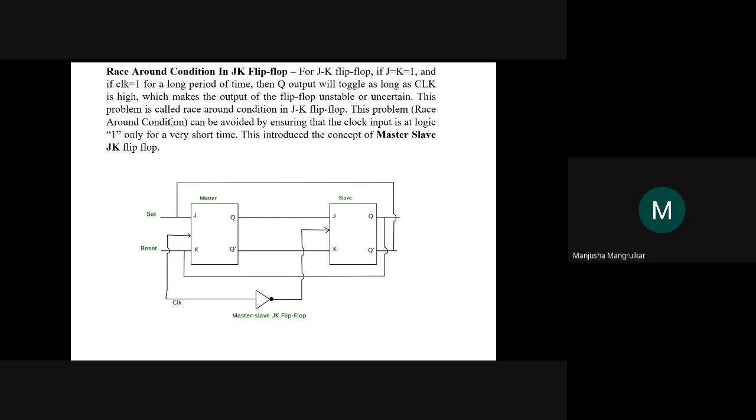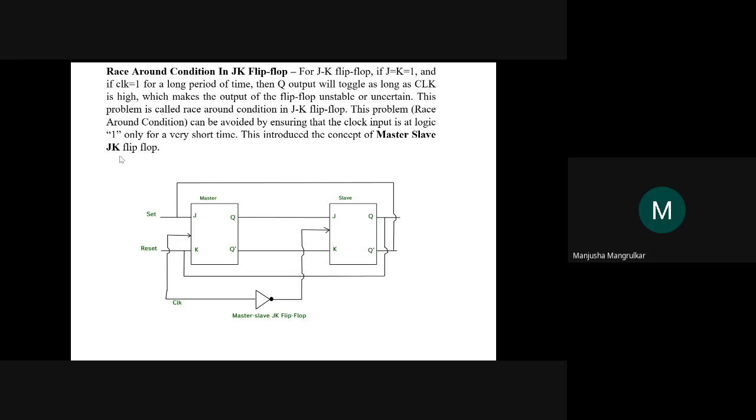And this problem is called the race around condition in JK flip flop. The race around condition can be avoided by using a clock input at logic 1 only for a very short time. This introduced the concept of the master and slave JK flip-flop, right? So this race around problem is recovered in the master slave JK flip-flop.